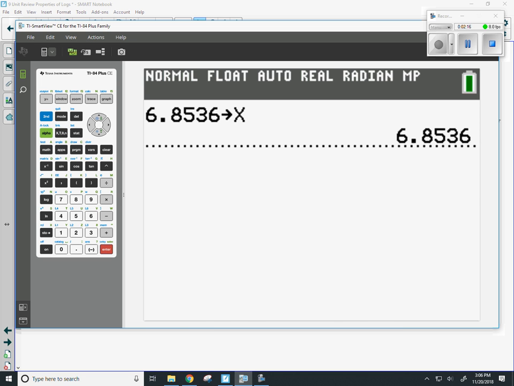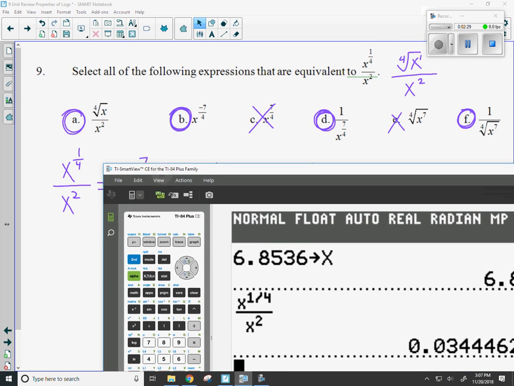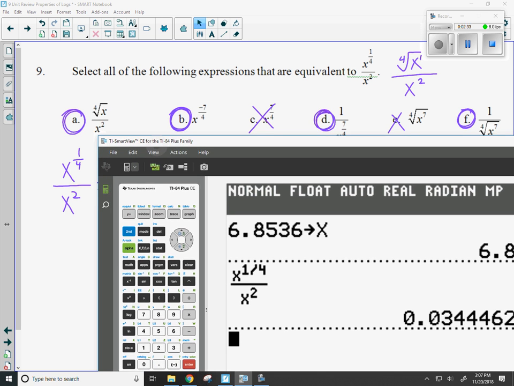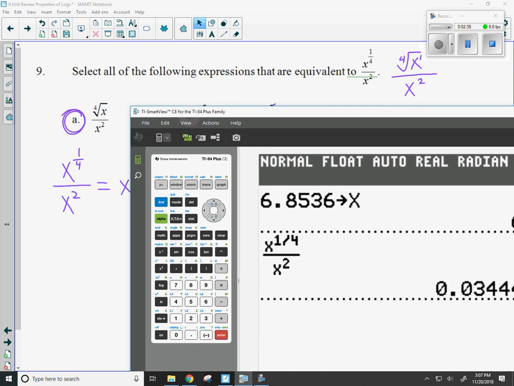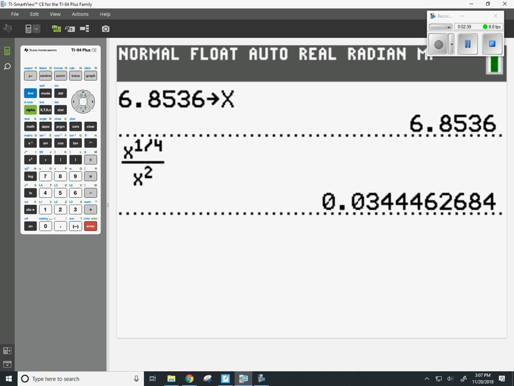All right. And go ahead and type in the original equation. So x raised to the 1/4 over x squared. All right, and that's what we get. So basically what you would do is type in each option, and anything that matches that same decimal is going to be equivalent to the original. So for option A, we had the 4th root of x over x squared.